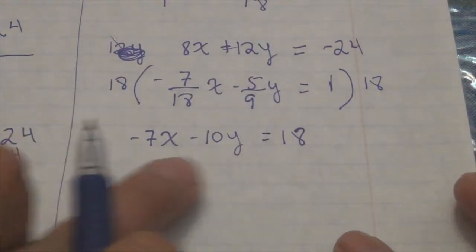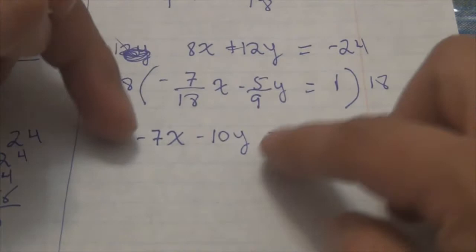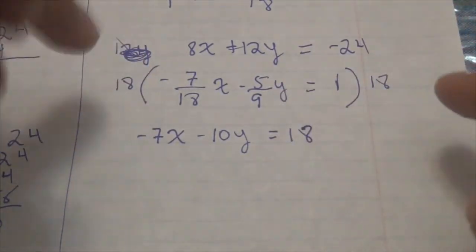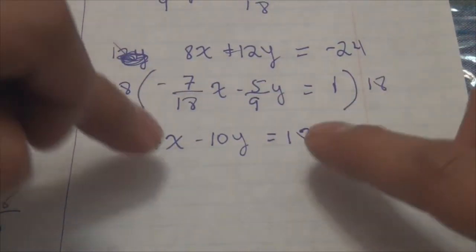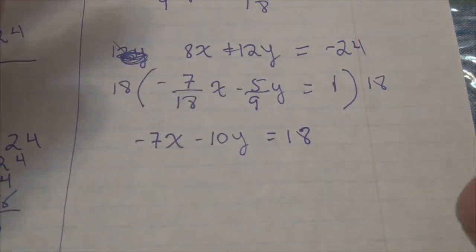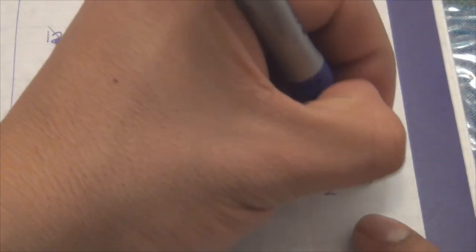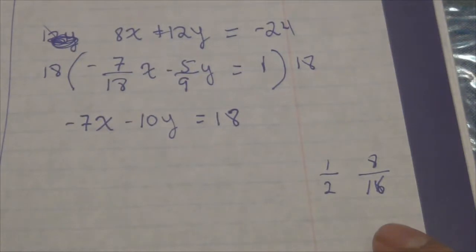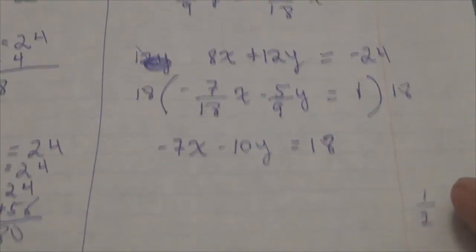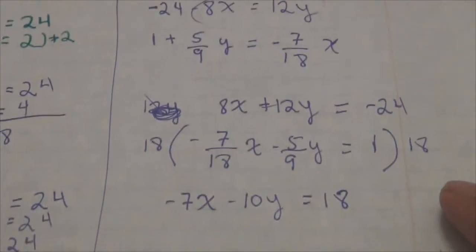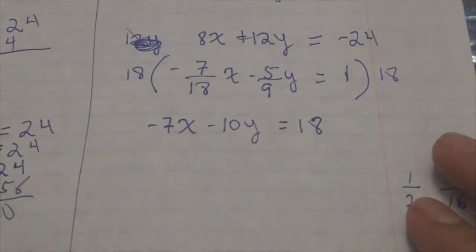So this is my new equation. These equations are equivalent. What I did to one side, I did to the other. Just like if you have 1/2 and you turn it into 8 over 16, this is still 1/2. Got it. Now I'm gonna rewrite my two new equations.